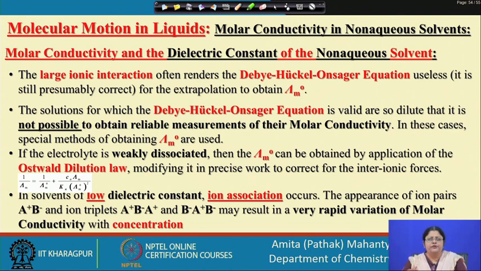There may be formation of charge association, ion pairs and ion triplets. These cause a rapid variation in the molar conductivity as the concentration of the electrolyte is increased, because the system becomes much more complex.